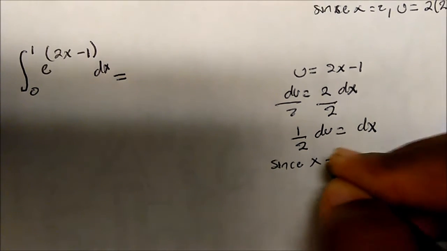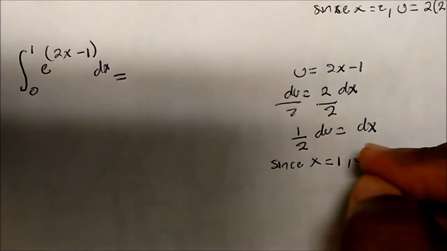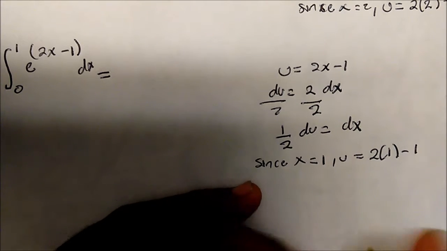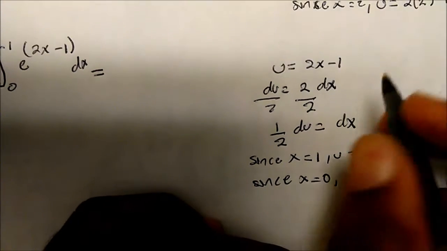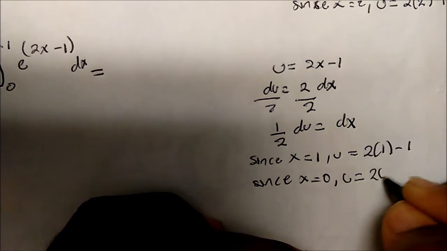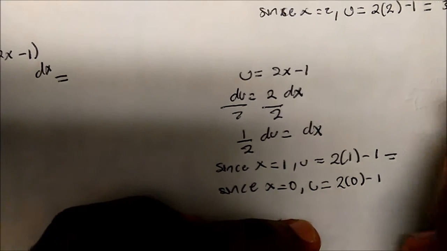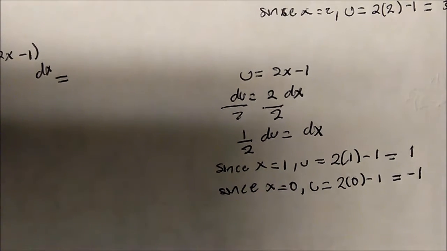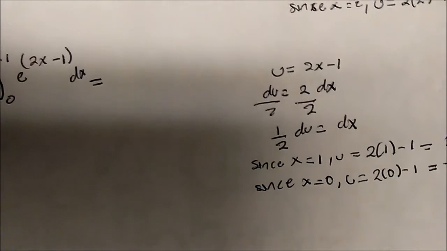Since x is equal to 1, then u has to be equal to 2 times 1 minus 1. Since x is equal to 0, then u has to be 2 times 0 minus 1. This gives us 2 times 1 is 2, 2 minus 1 is 1. 2 times 0 is 0, and that will be negative 1. So these are the new values that we're going to integrate our function from.